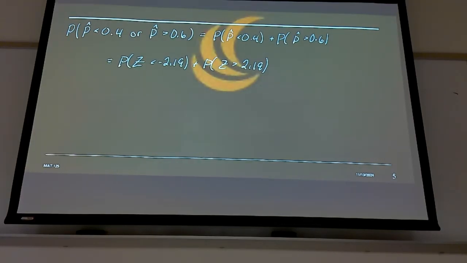Just in general, does it give area to the left or to the right? To the left. So that's the one I'm going to keep and double it.